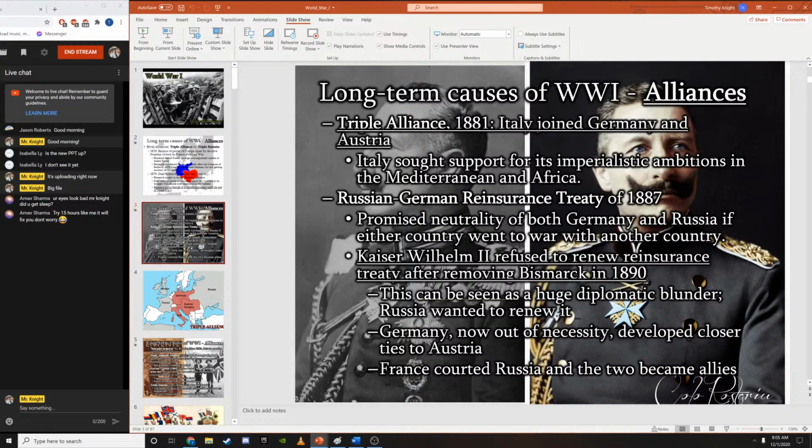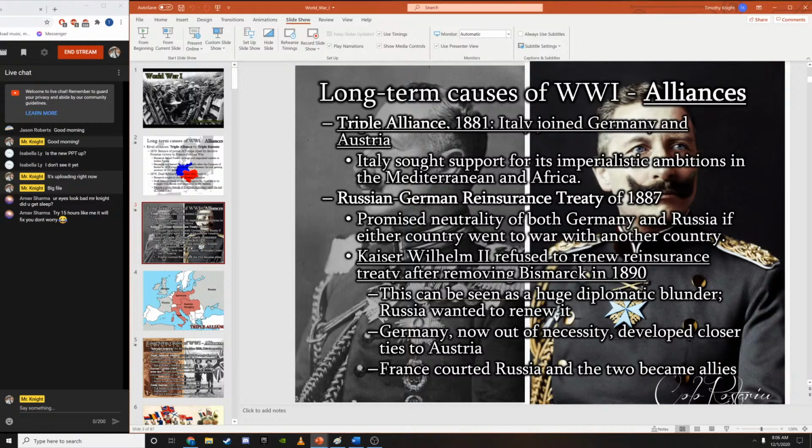And so he makes this deal, but there was a big mistake, and that was when Kaiser Wilhelm II, who's in the background up there, refused to renew the Russian reinsurance treaty after firing Otto von Bismarck in 1890, just 3 years after the treaty was signed.